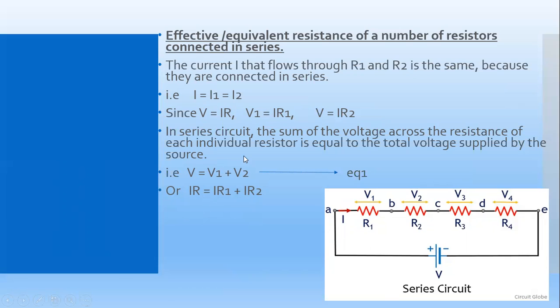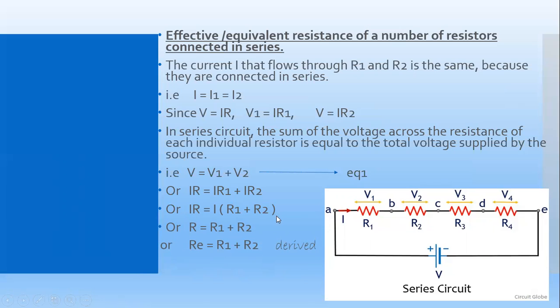Instead of V1, we put IR1. And instead of V2, we put IR2. Take I common, and then R1 plus R2. Cancel I on both sides. What is left? R is equal to R1 plus R2. So this is the effective or equivalent resistance of resistors connected in series.